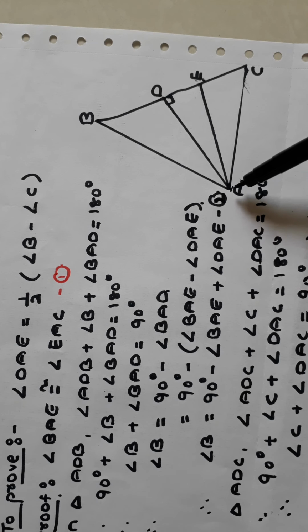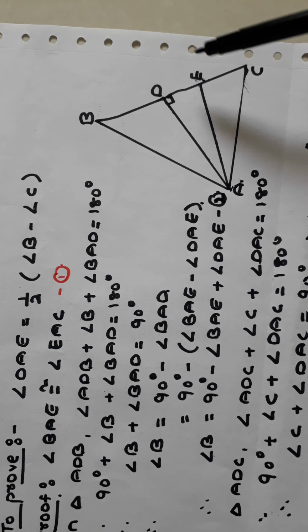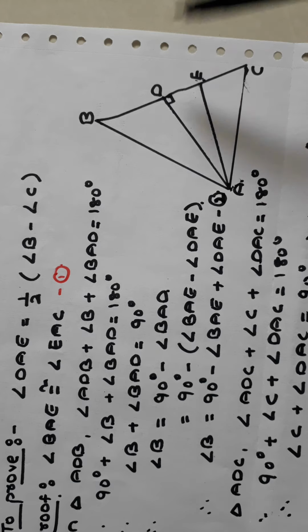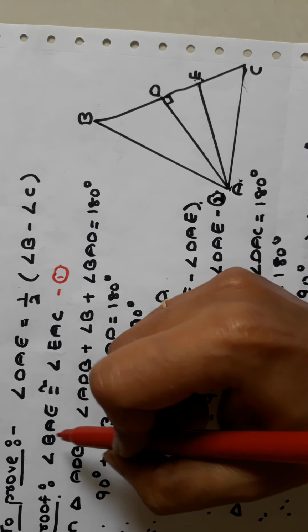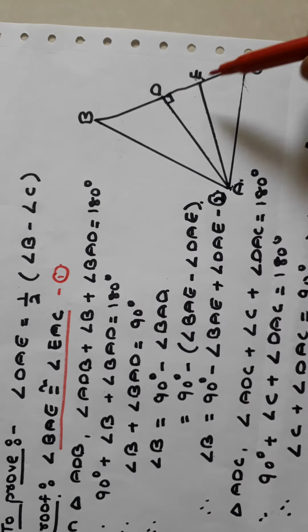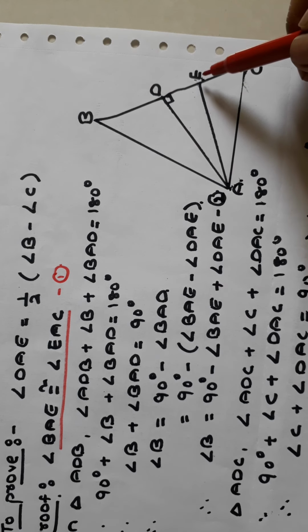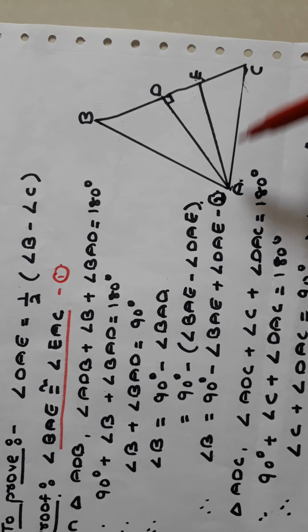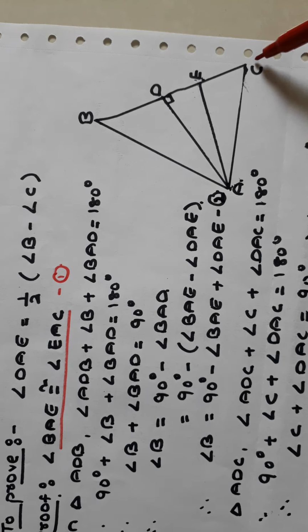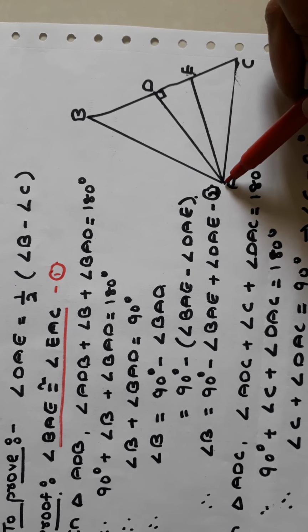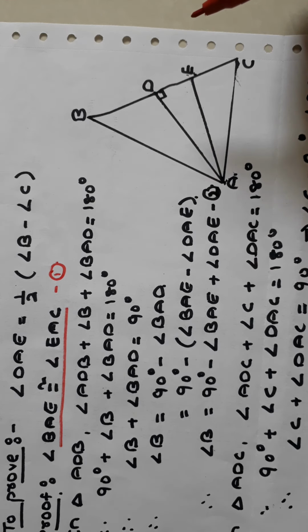So first, AE is a bisector and therefore we get BAE congruent to angle EAC, because AE is a bisector of angle BAC. Then we have taken triangle ADB and apply the property that sum of measure of all angles of a triangle ADB is 180 degrees.